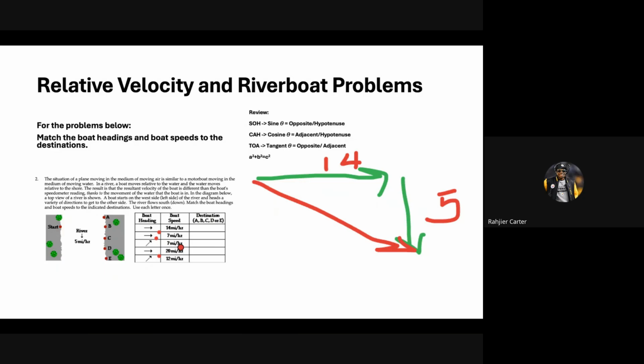It will be bigger. So let me make a bigger arrow. That's bigger, right? This is 14. This is 20. Does that make sense that this arrow on the bottom is bigger? Yeah. But this 5 is still going to be 5, right? Yeah, the 5 will stay the same.